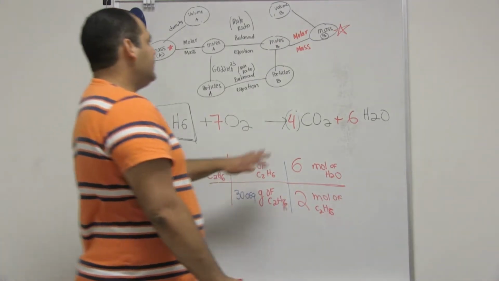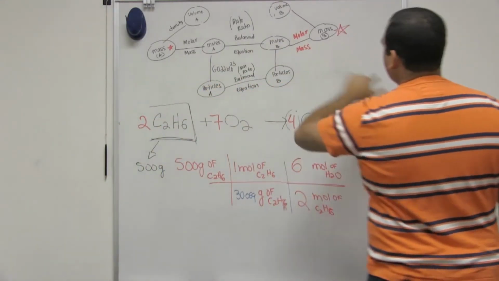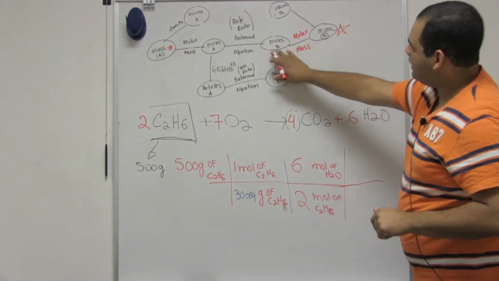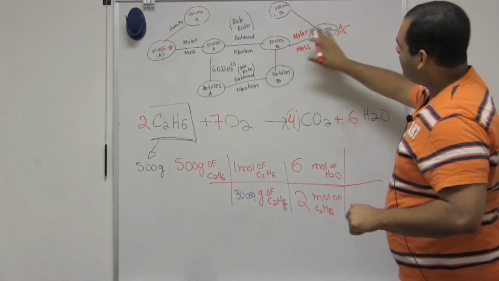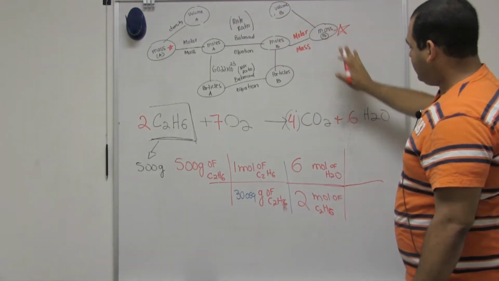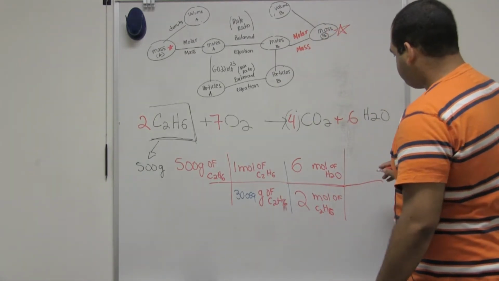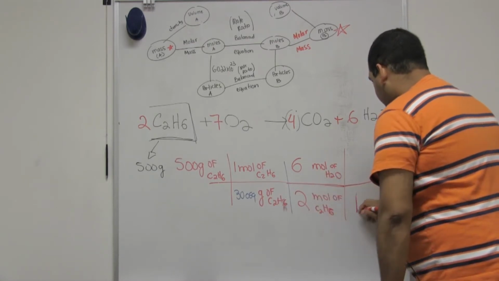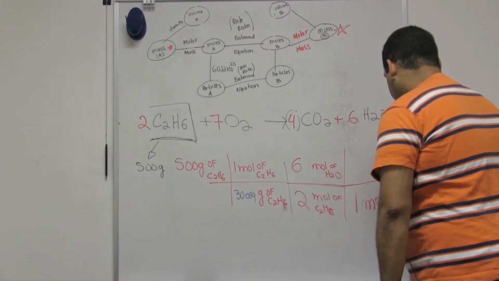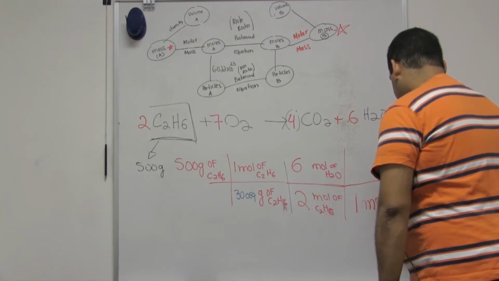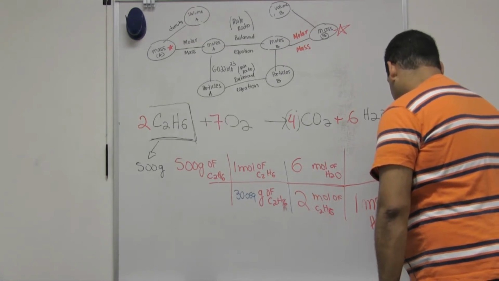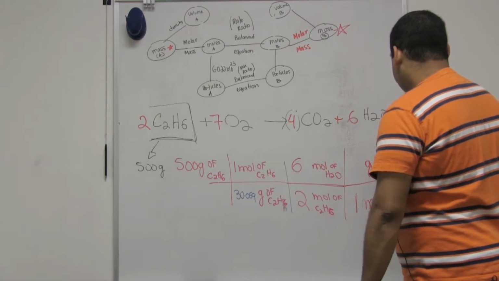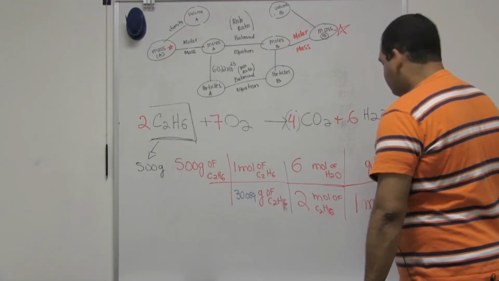The next and last step is using the molar mass. Now the molar mass of my compound B, because now I have moles of B, to find the mass of B that is produced. Because moles of B is in the top, I write moles of B in the bottom. And here goes the molar mass of B, that in this case is water.